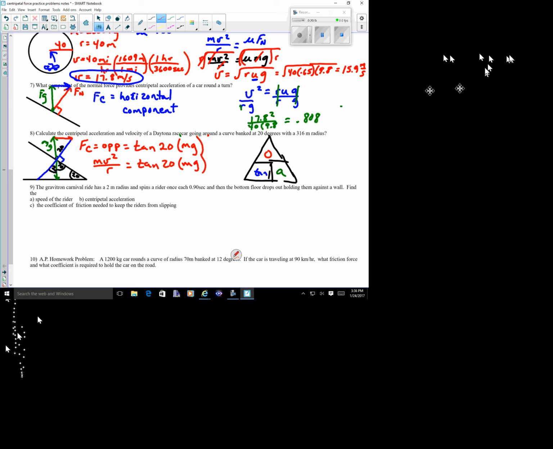So if I want to find the centripetal acceleration, which is v squared over r, I'm just going to take the tangent of 20 times 9.8. Everybody see that right there? That is the same thing as centripetal acceleration. The tangent of 20 times 9.8 ends up giving you 3.56 meters per second squared.